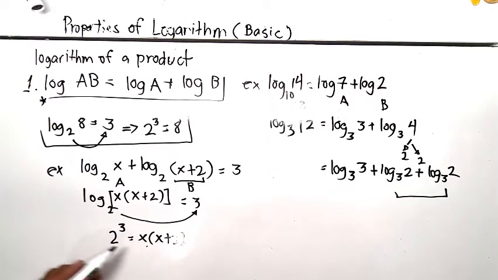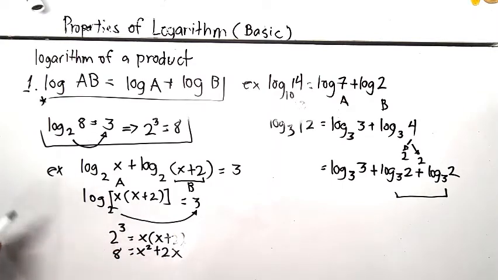We can simplify this. This is 8, and this is x squared plus 2x. Do you notice something? Do you still remember something regarding this expression? Notice it's a quadratic equation. So we can rewrite this as x squared plus 2x minus 8.